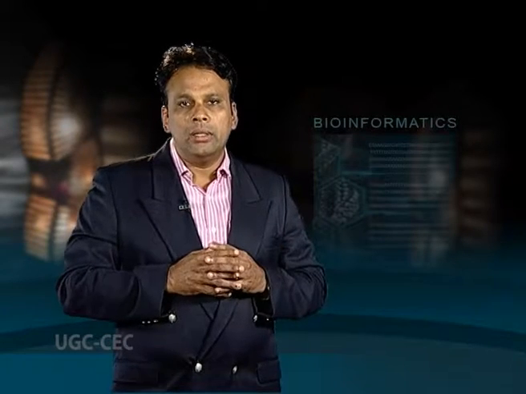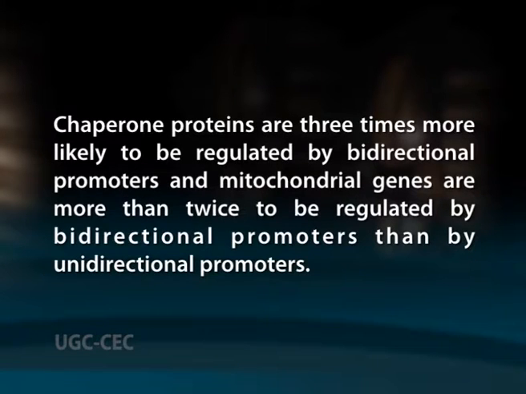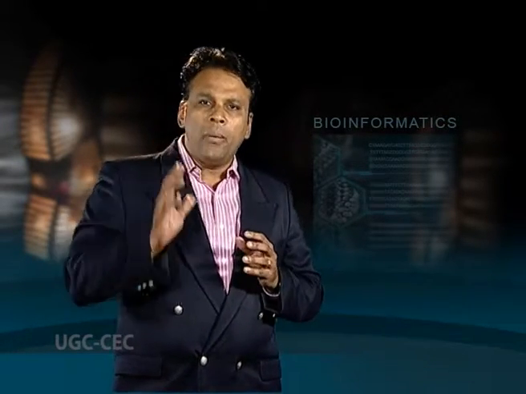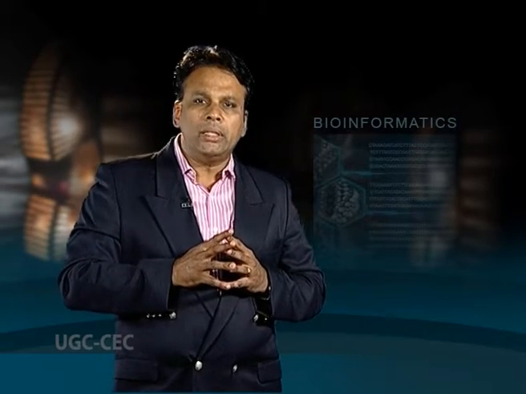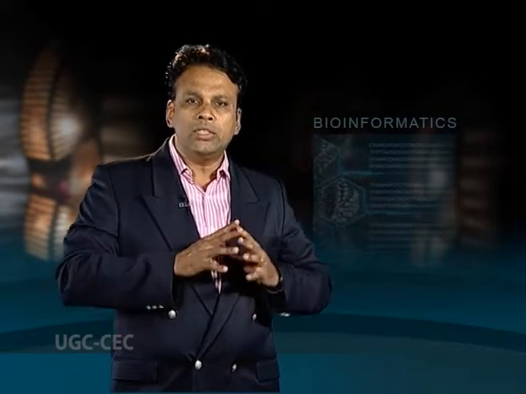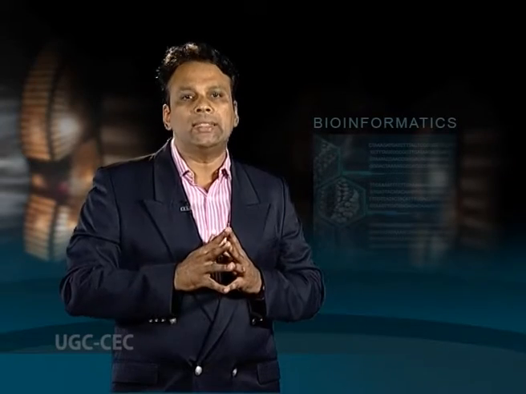For example, chaperone proteins are 3 times more likely to be regulated by bidirectional promoters, and mitochondrial genes are more than twice as likely to be regulated by bidirectional promoters than by unidirectional promoters. Many cellular metabolic genes and basic housekeeping genes are regulated by bidirectional promoters. The overrepresentation of bidirectionally paired DNA repair genes associates these promoters with cancer.